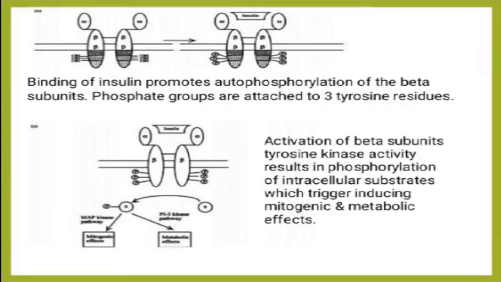Due to this autophosphorylation, two pathways get activated: MAP kinase activity and PI3 kinase activity. MAP kinase activity results in a mitogenic effect, and PI3 kinase activity results in metabolic effects.